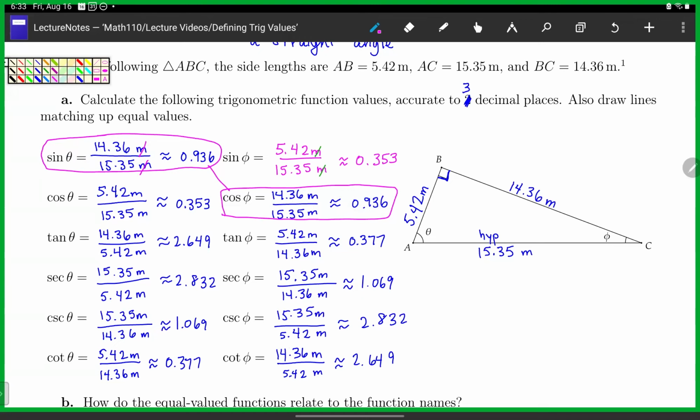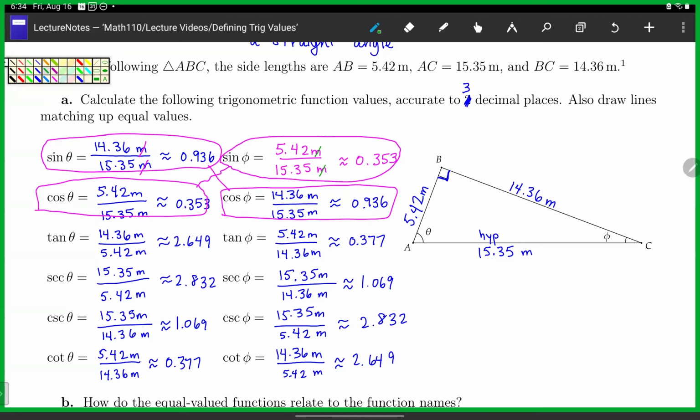So sine of theta is always going to be the same as cosine of phi, where theta and phi are the two acute angles. So similarly, cosine of theta is going to be equal to sine of phi.